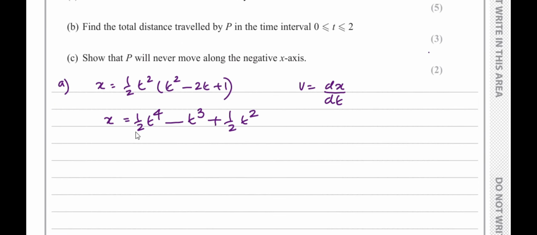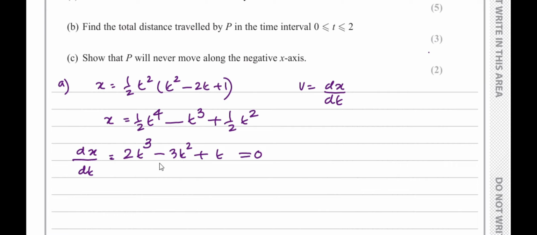Good. Now put dx by dt is equal to 4 over 2, which is 2 t to the power of 3 when you differentiate it, 3 t square plus 2 over 2, 1 t to the power of 1. Okay, so now we need to put this equal to 0 to find the times at which the velocity is equal to 0.